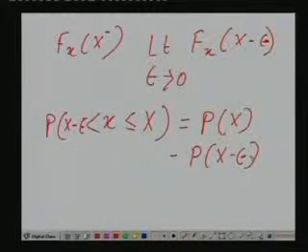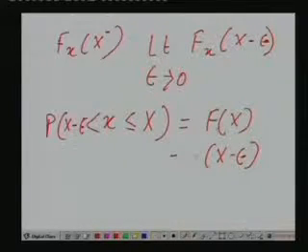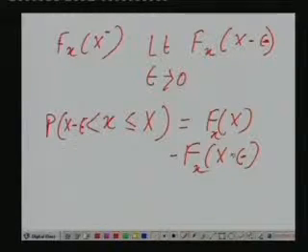This comes from the previous theorem, because this number is greater than this. Sorry, this should be F actually. And this is epsilon.